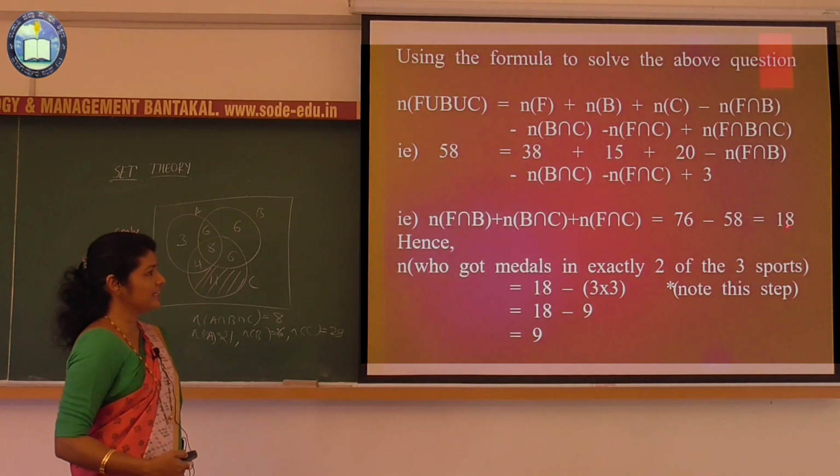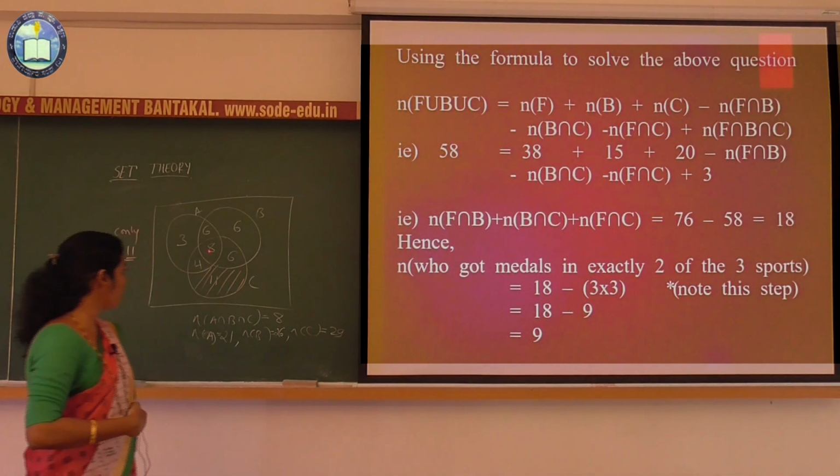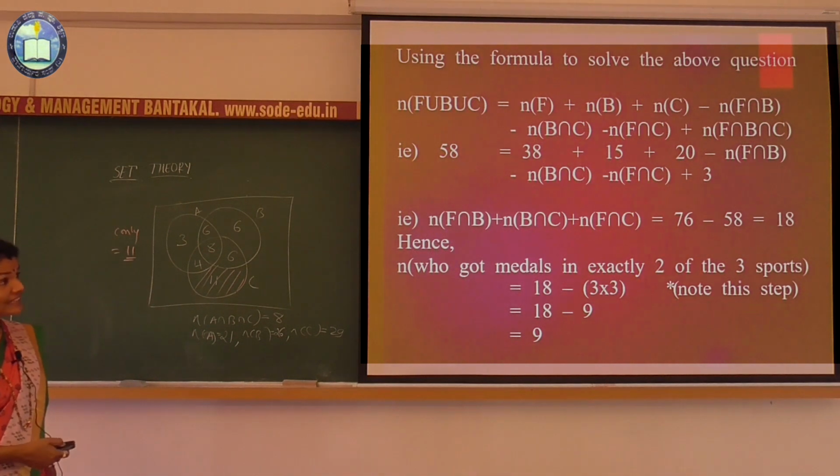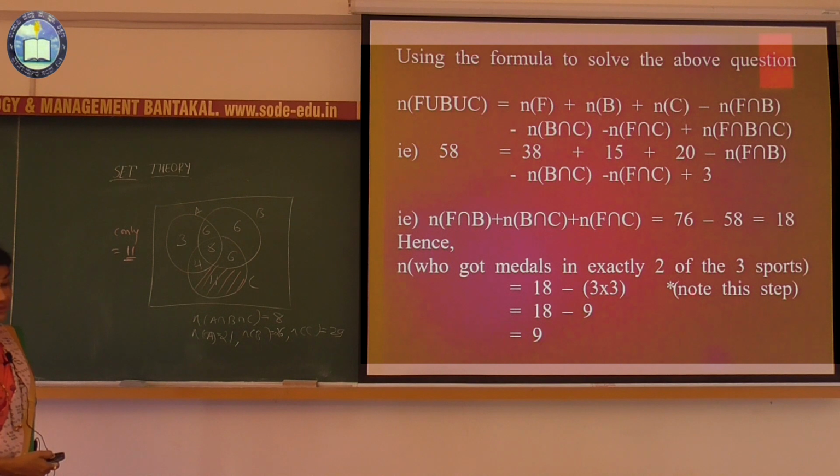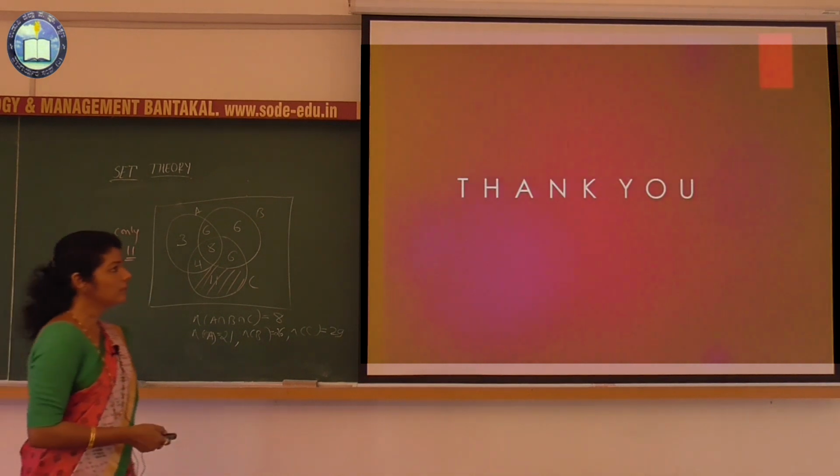But this 18 includes all the 3 entry, that is 3 times. You have to subtract that. See, 18 minus 3 into 3, because we need exactly 2, who won the medals in exactly 2 of the 3 sports. All 3 sports is not needed. 2 of the 3 sports is needed. All the 3 intersection is not needed. So subtract that. So 18 minus 9 gives you 9.